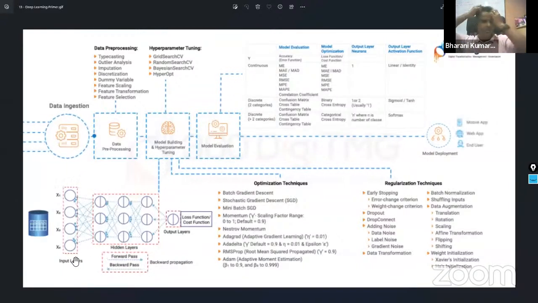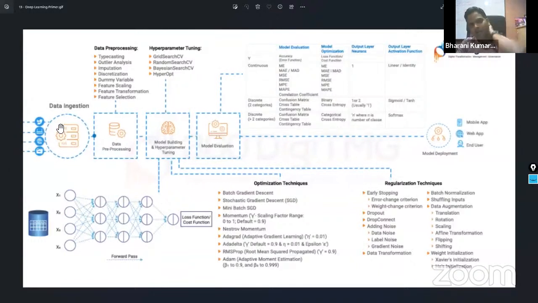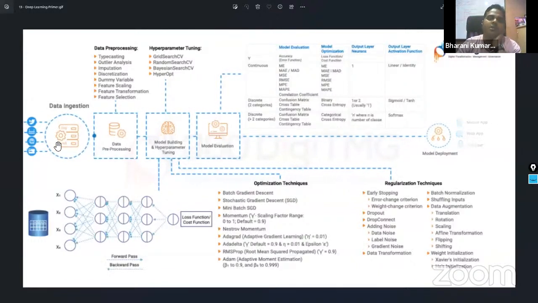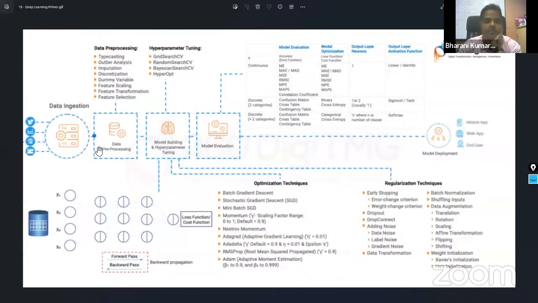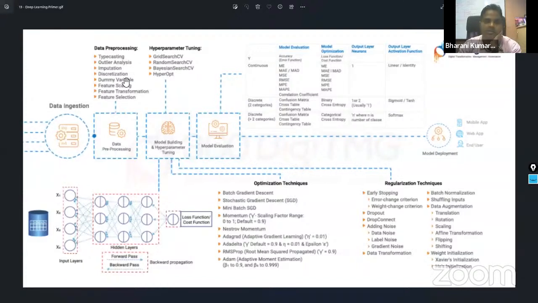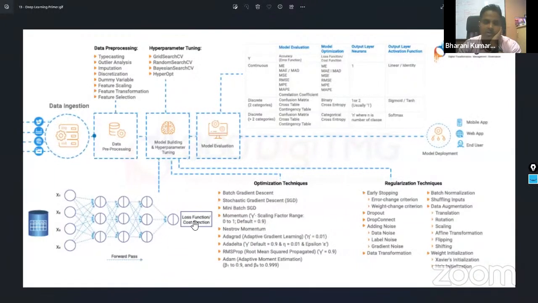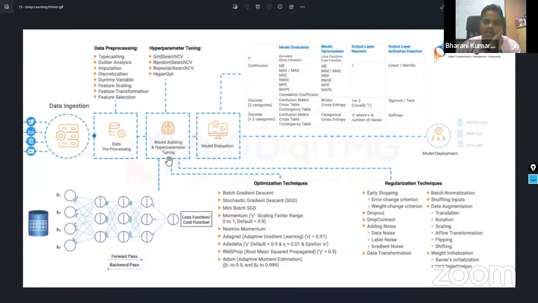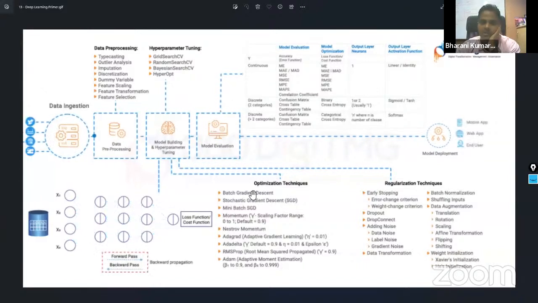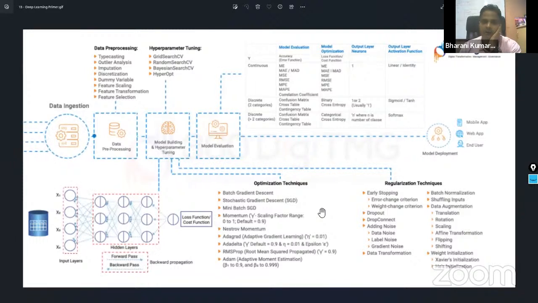This entire picture gives you an overview. When you put the data from various sources into a database, it's called data ingestion. Then you have data pre-processing, these are the various steps. Then you have model building. As part of model building, you have this neural network algorithm, loss, cost. And then these are the various optimization techniques, in which we are talking about batch gradient descent, the first one.